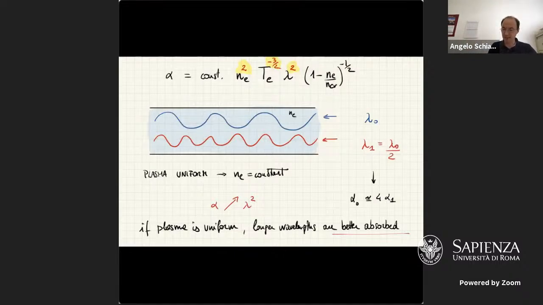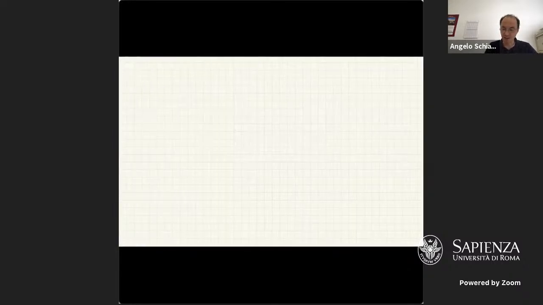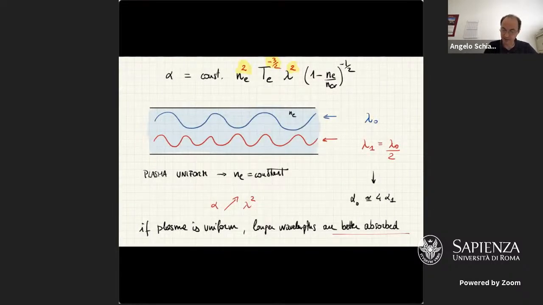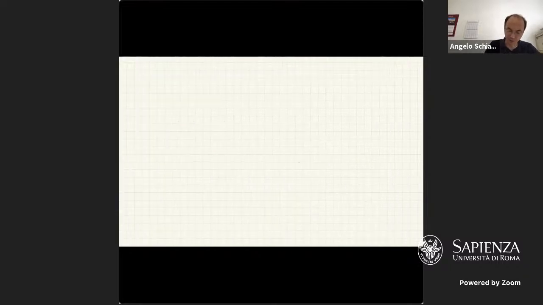So let's describe first situation here. So case 1, and let's go to a case 2, where there is a plasma with very sharp density gradient.